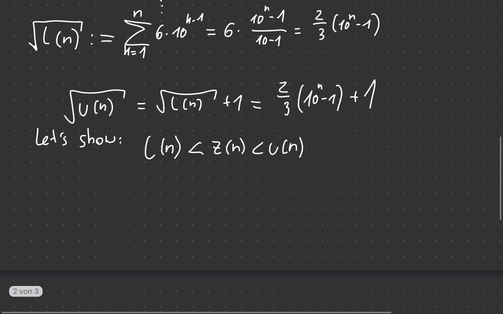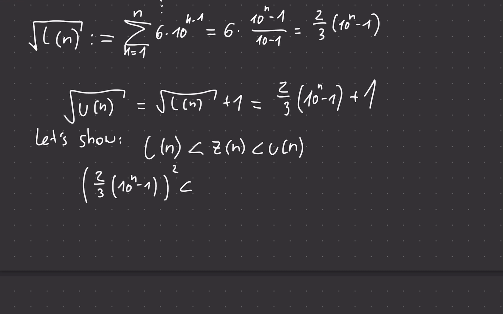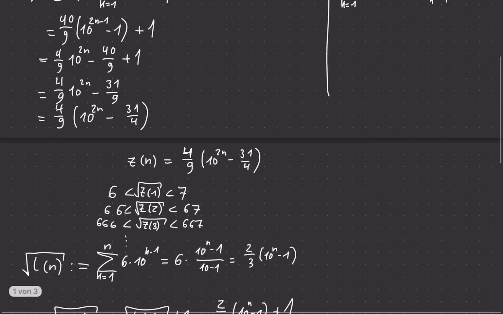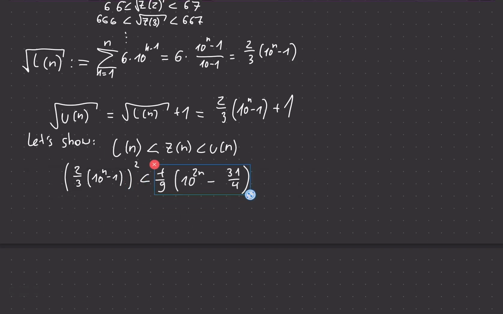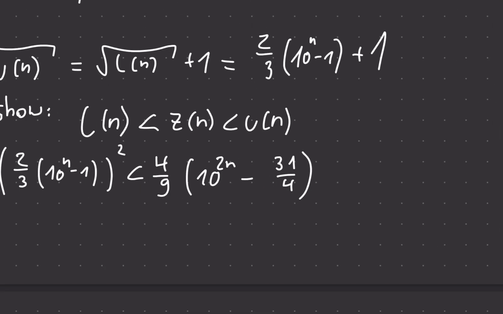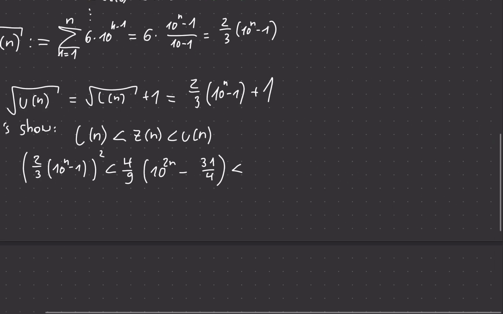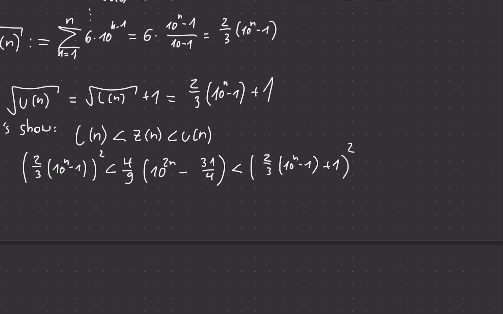So L of n is just 2/3 times 10 to the n minus 1, squared. z of n, we can copy that from before, was this value. And then our u of n is 2/3 times 10 to the n minus 1, plus 1, squared.